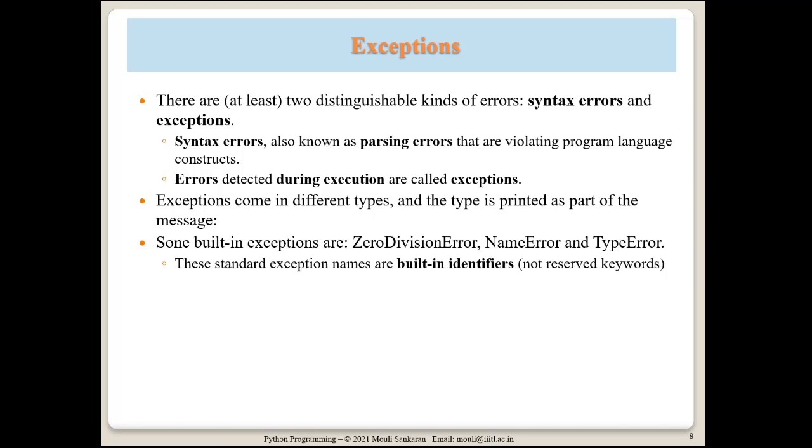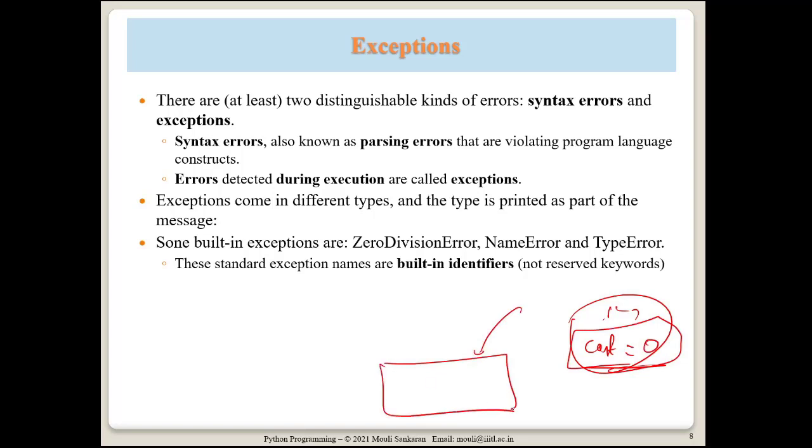So there are standard exception names, built-in identifiers. You can know there are known errors. But suppose you have an object, and in your object you have a cost variable, and you don't expect this cost variable to be 0 when you are processing it somewhere in your file or somewhere in your program.